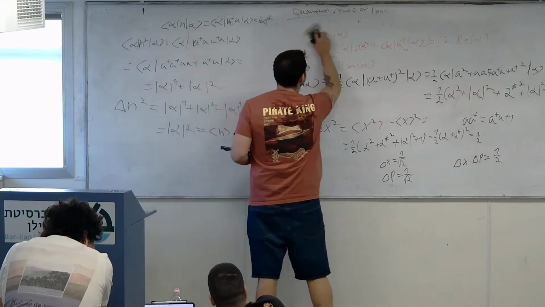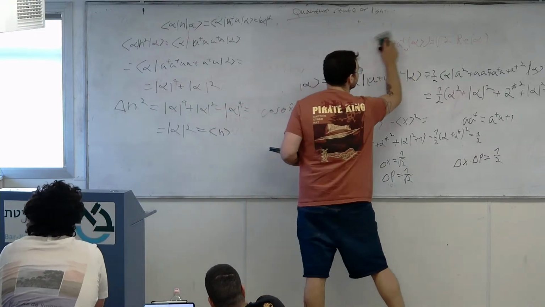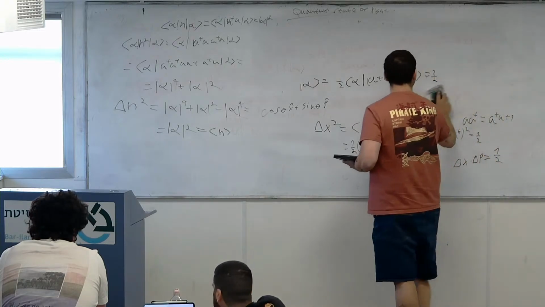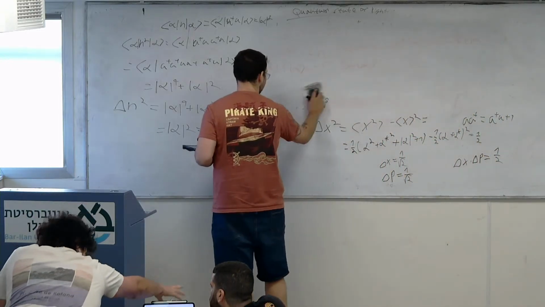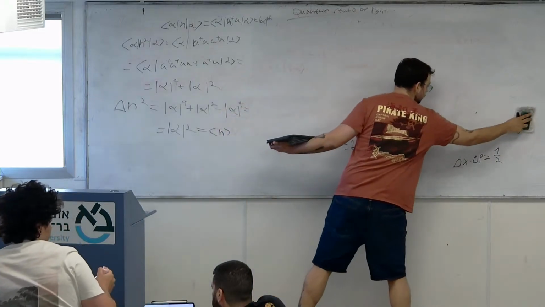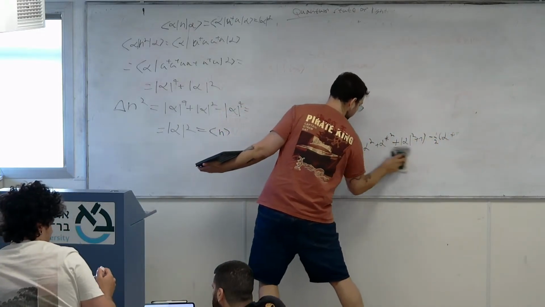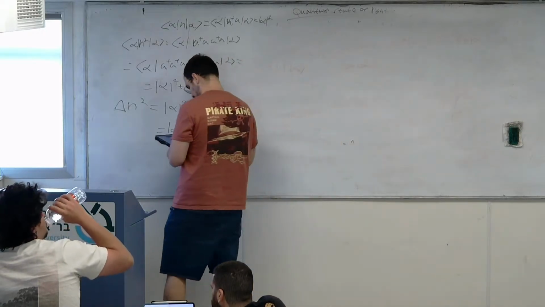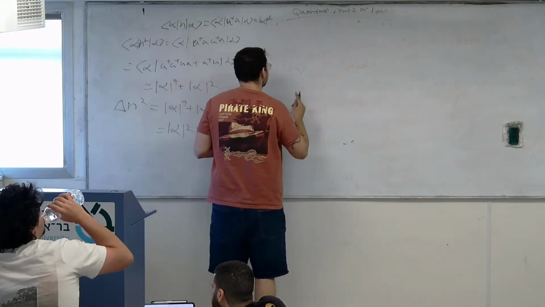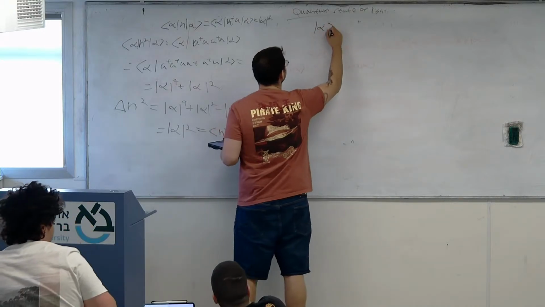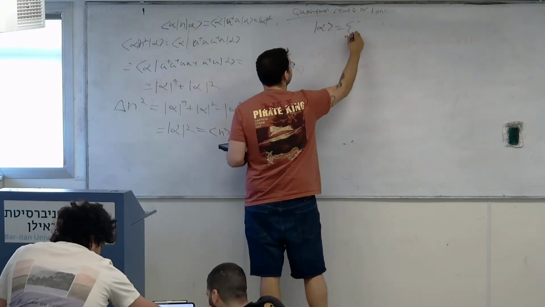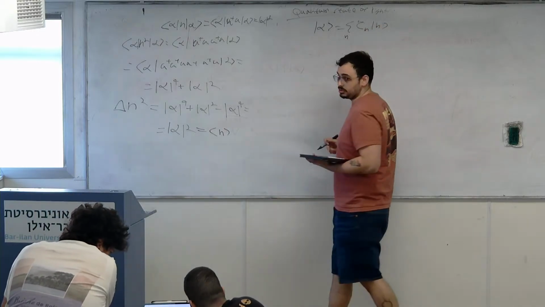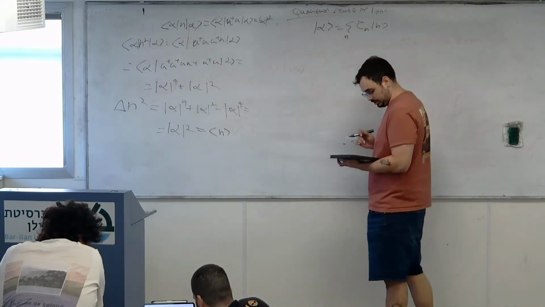Can we represent it in the ladder, the Fock state basis? Let's start by assuming that we can do it. It's equal to the sum over n of Cn times the state n, some constant. We assume that we can do it.